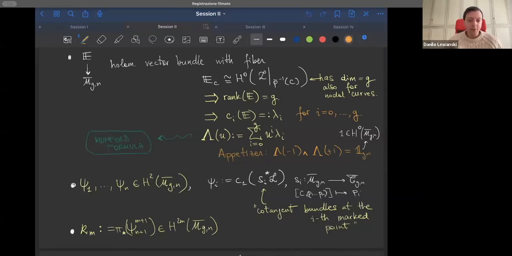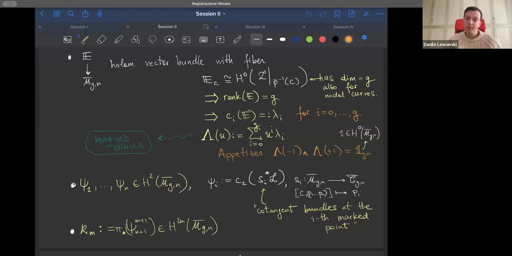And if you want, you can also take a polynomial in those classes. So you just define big lambda of u to be just the formal sum from i going from 0 to g of u to the power i times lambda_i. So u is your variable, and lambda_i is just the ith Chern class of the Hodge bundle. So this is going to be quite an important protagonist for us. So again, you consider over M_{g,n} bar the Hodge bundle.